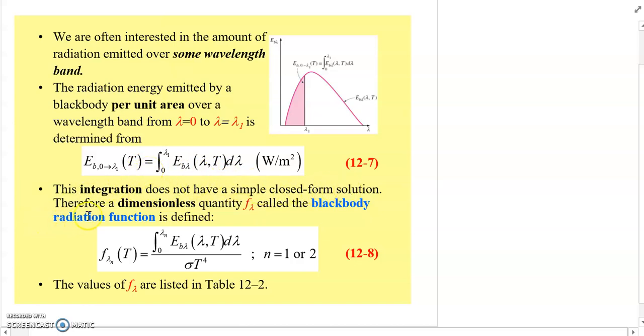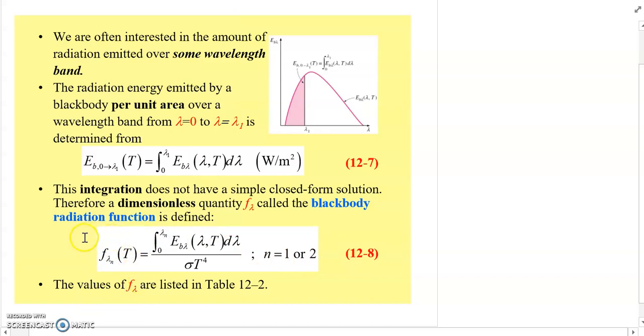So we introduce a dimensionless quantity f lambda, called the blackbody radiation function, which is actually represented by the area under the curve divided by sigma T to the power of 4, where n is equal to 1 or 2.